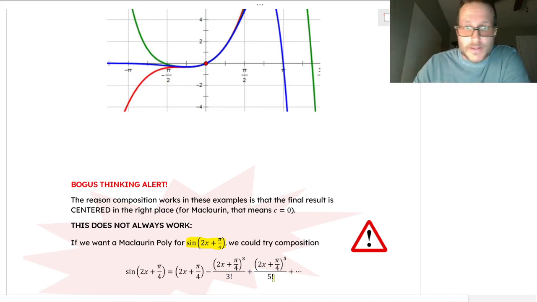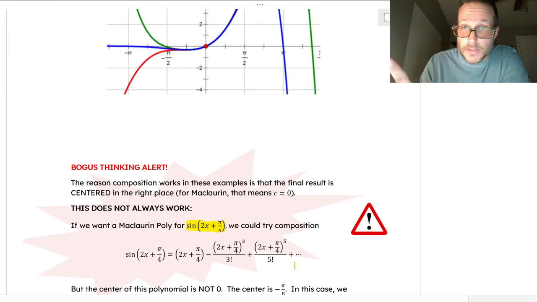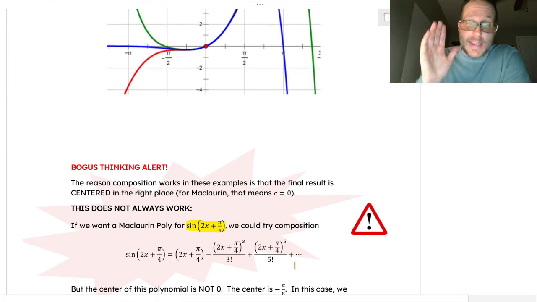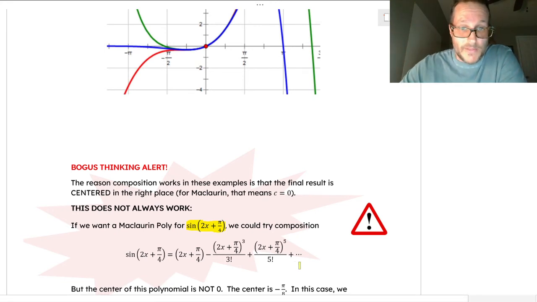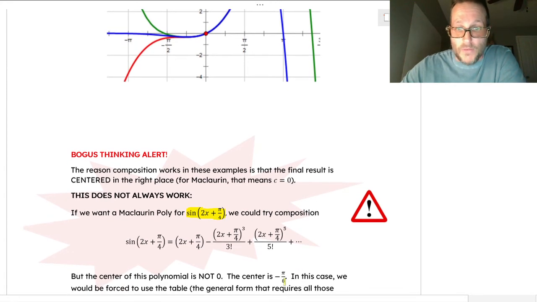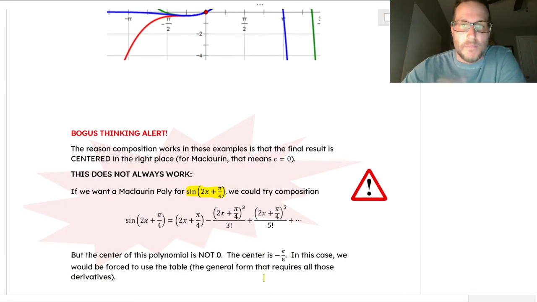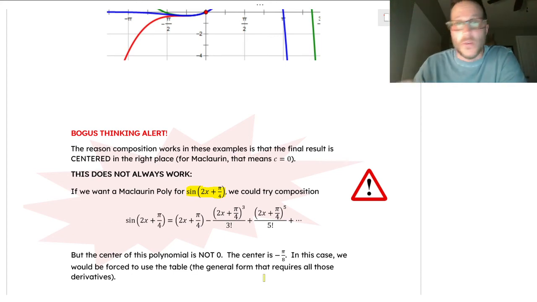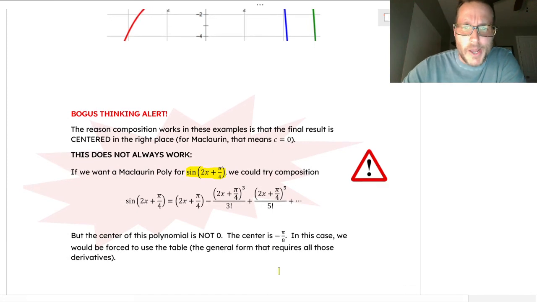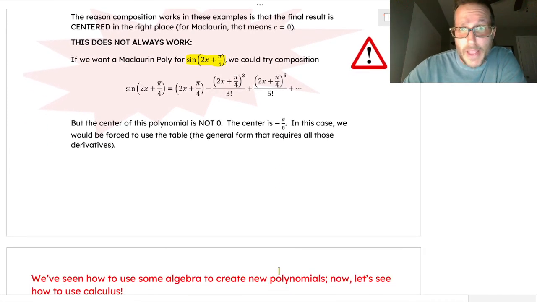Sorry, Charlie, and everyone else who isn't named Charlie, you can't do composition on a thing like that. The center is actually negative pi over 8, and that ain't working for a Maclaurin polynomial. So this time, to get a true Maclaurin polynomial for that function, you would have to rely on the table, on the general form of a Taylor polynomial, which is kind of a bummer. It doesn't always work, but that's just how the cookie crumbles.